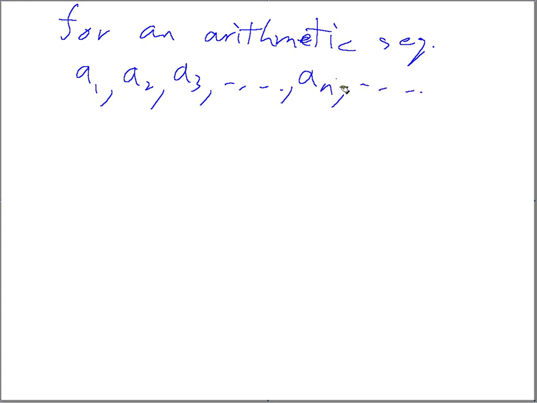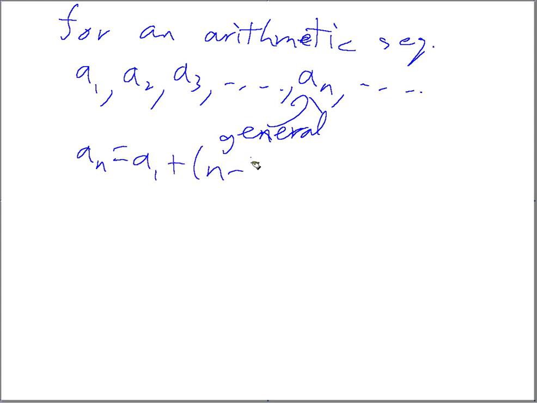The nth term is called the general term, if we recall that. So what is the general term here? Here's the formula. a_n is based on the first term and the common difference. The nth term is going to be the first term plus n minus 1 times the common difference, d.